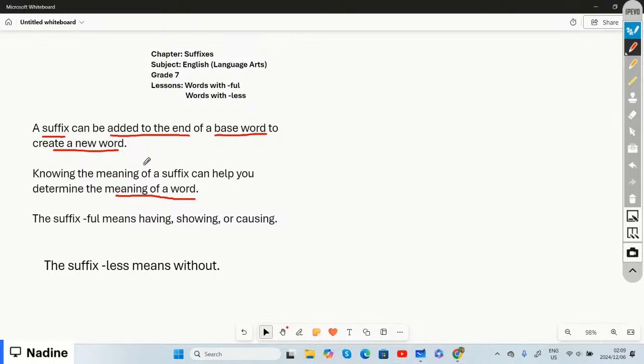A suffix is basically a few letters that you add to the end of the base word. So knowing the meaning of the suffix even before you add it will help you to determine the meaning of the new word you'll create.